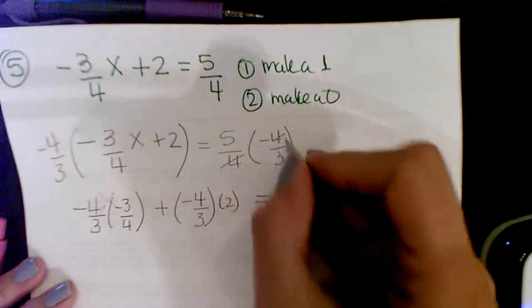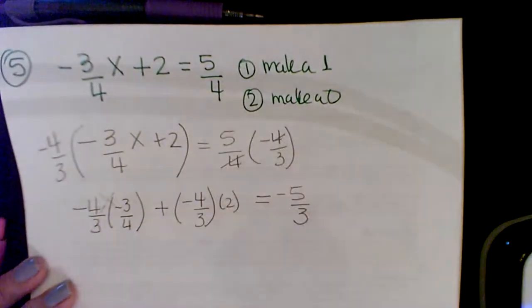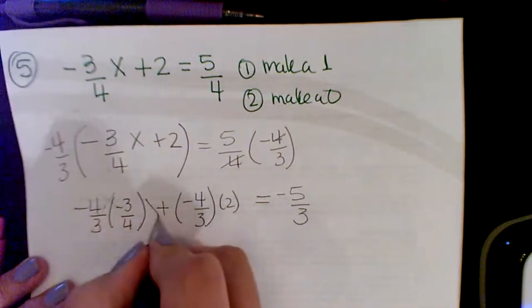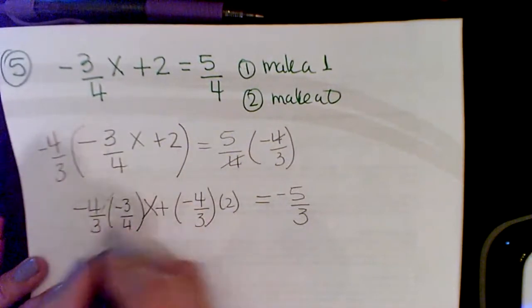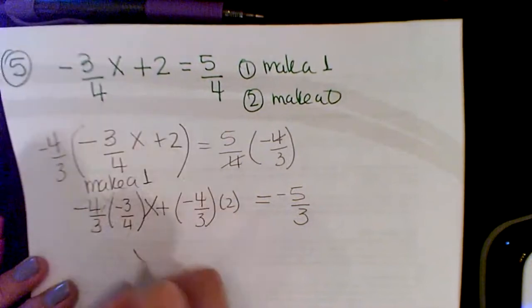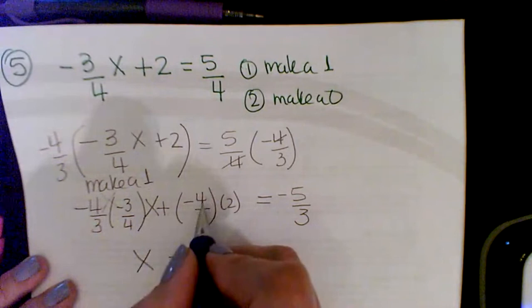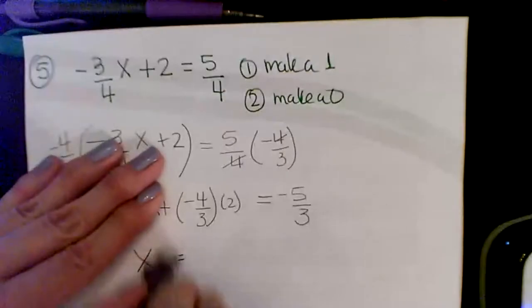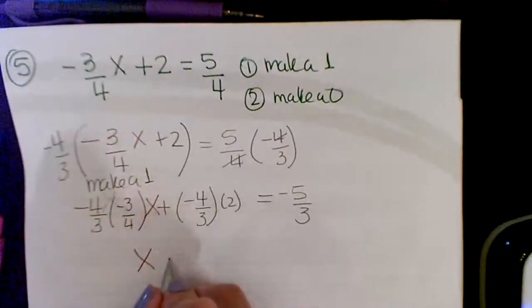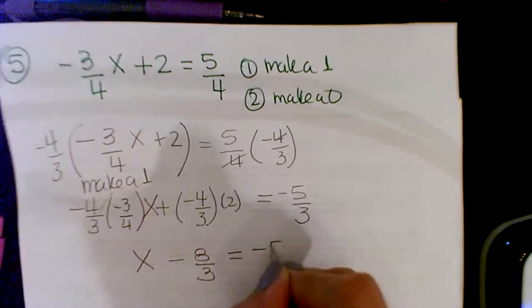This is a 1, so it's going to be -5/3. I'm making a 1. 4 times 2 would be -8/3 equals -5/3.